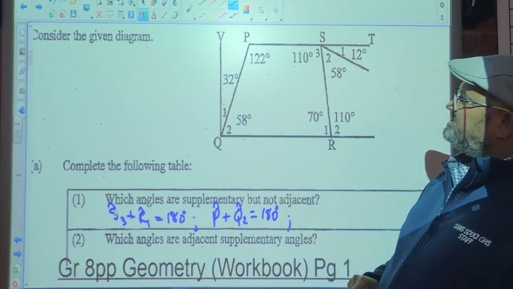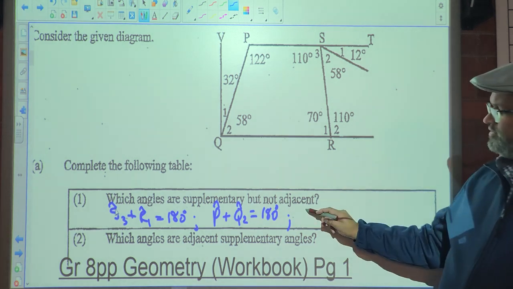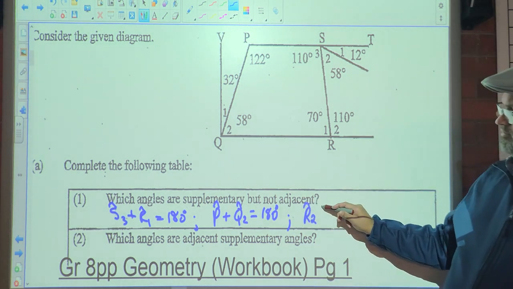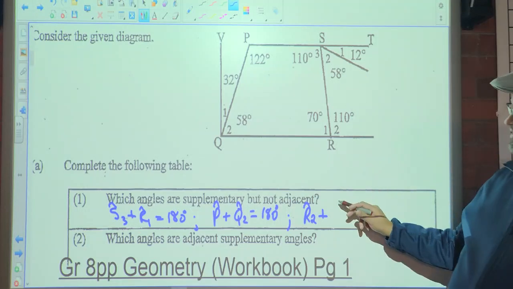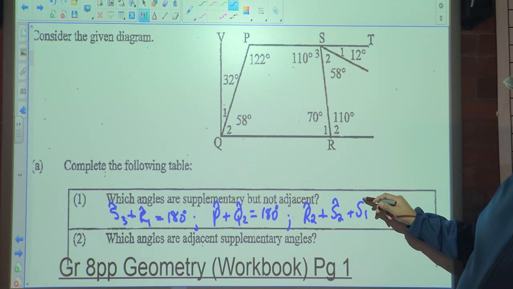Is there another one? There's one more. R2 plus S2 plus S1.